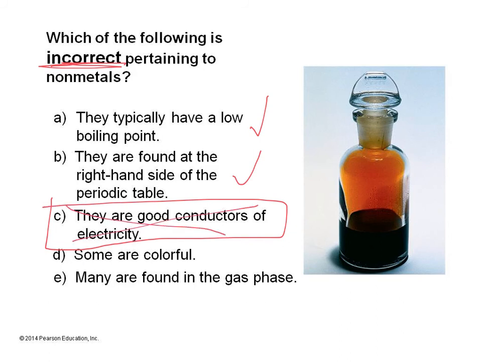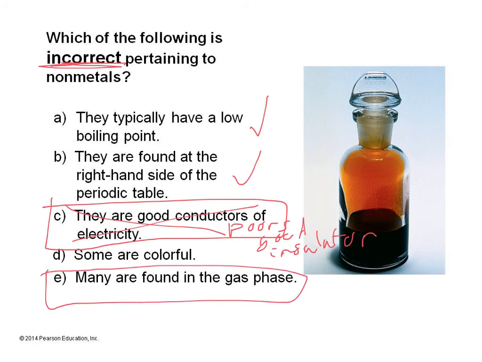So that's false. They're poor conductors, good insulators. And all I can say about the colorful part is that apparently somebody was really stretching to make a multiple choice question there, because colorful is really a relative thing. Many are found in the gas phase. That's actually very true.